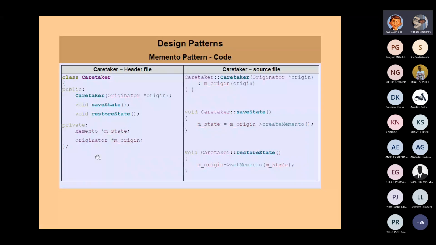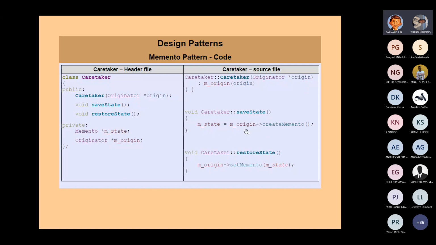There are different ways of implementing this. In this case, we've used a pointer to the originator so that the caretaker can access the originator and knows which object it is. Then looking at the source file, straightforward constructor. Again, save and restore state are basic getters and setters.